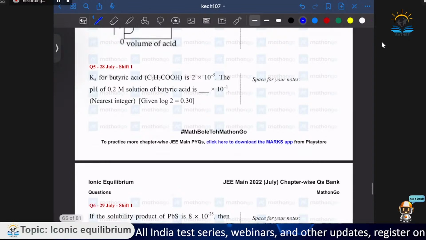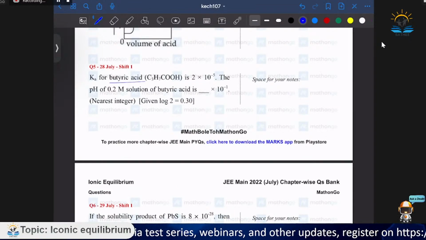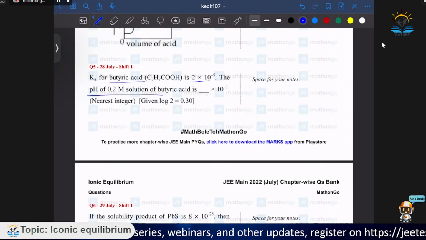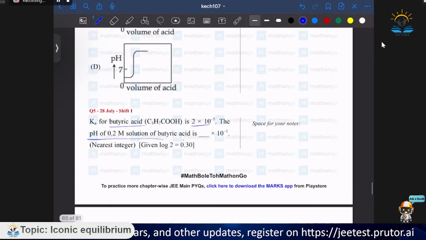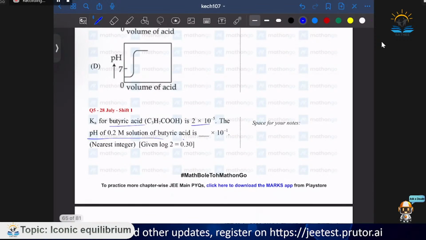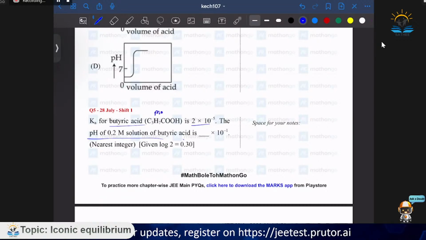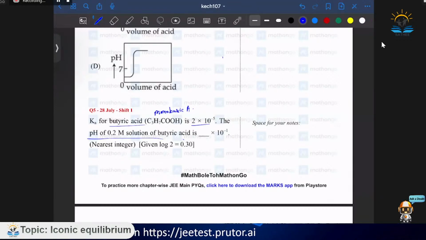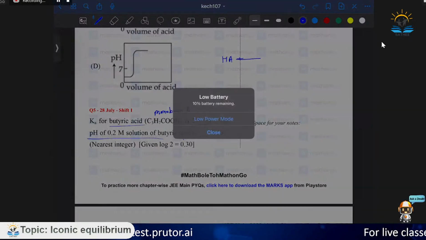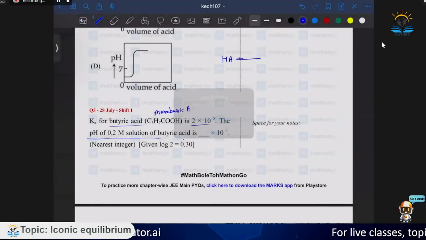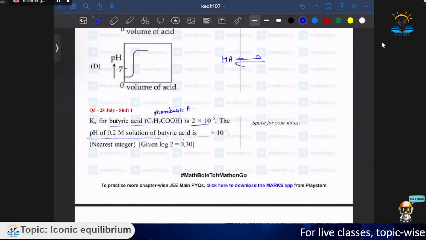Going for the next question, Ka for butyric acid they have given us this much, and the pH of this much solution of butyric acid they have asked. Let us assume butyric acid is a monobasic acid. So for monobasic acids, this is the acid, and this is your equilibrium, H plus A minus.